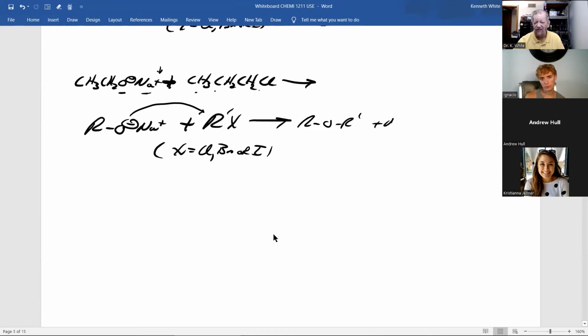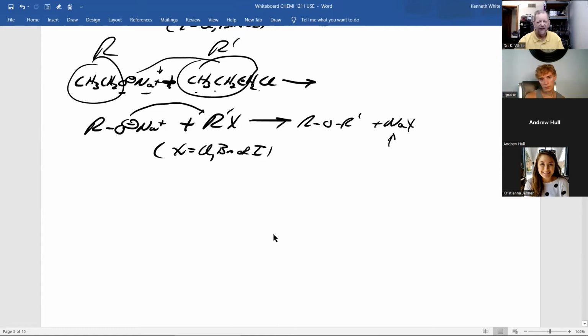And you get a salt, sodium halide, but this is inorganic, so I'm not going to worry about that. I'm going to call that R. That's R prime. Notice the carbon with the halogen will be the carbon bonded to oxygen here. So what's R?